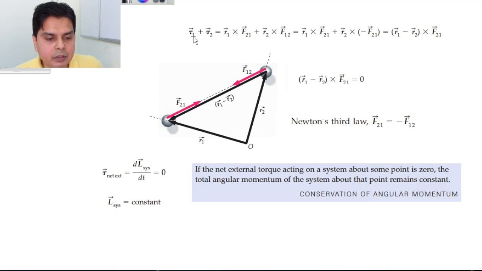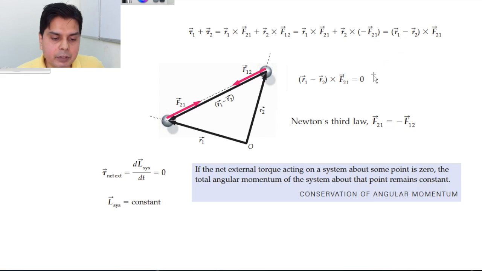So torque 1 plus torque 2 will be R1 cross F21 plus R2 cross F12. Now F12 is equal to minus F21 from Newton's third law, so when you add, you get R1 minus R2 cross F21.